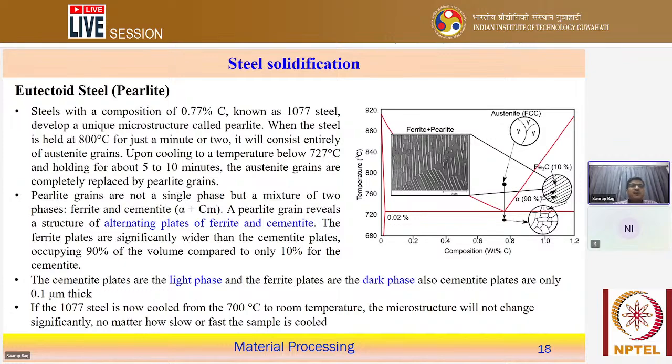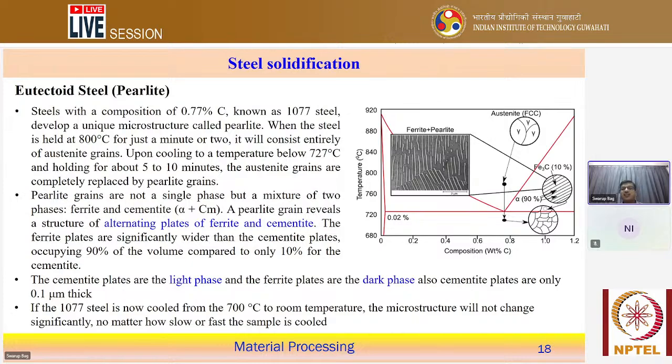Here, for example, we are talking about eutectoid steel, which corresponds to 0.778% of carbon. In this case it creates the pearlite structure. This pearlite structure is a mixture of ferrite plus cementite, and it creates a very specific pattern of alternate layers of ferrite and cementite, which is the typical characteristic of the pearlite structure.